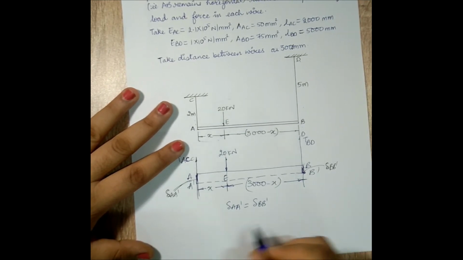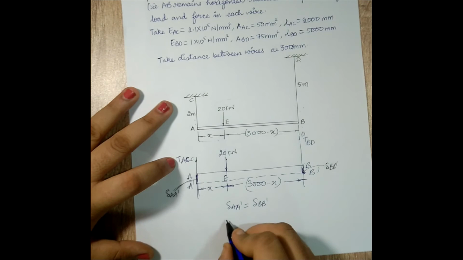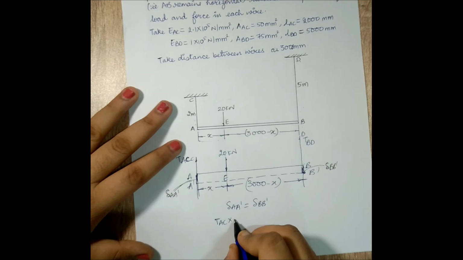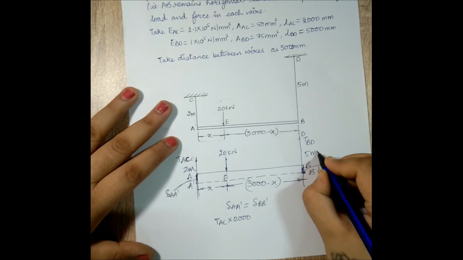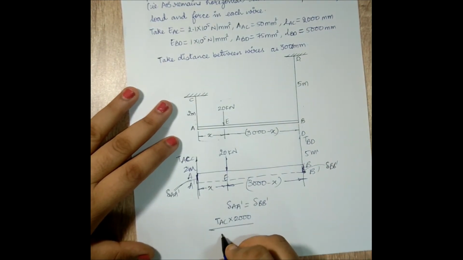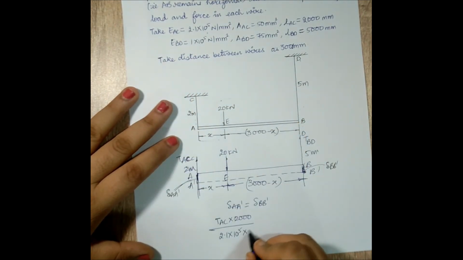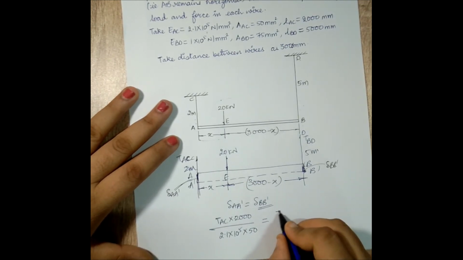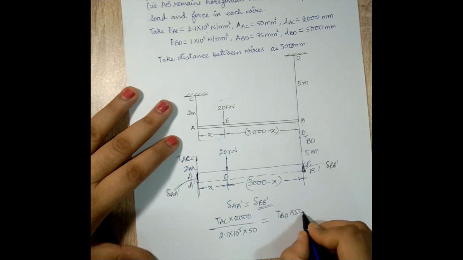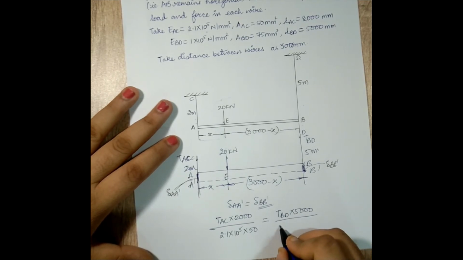Now delta actually means change in length, I would say deformation is change in length here. So again I'm going to use the formula of PL upon EA. So the value of P is TAC on this side. The value of L is going to be 2000. This length is 2 meter, so it is 2000 mm divided by E. The value of E is 2.1 into 10 raised to 5 from the given data, and the area is given as 50, is equal to, on the other side it is delta BB dash, so I'll write TBD into 5000 divided by the value of E, which is 1 into 10 raised to 5, into area 75.